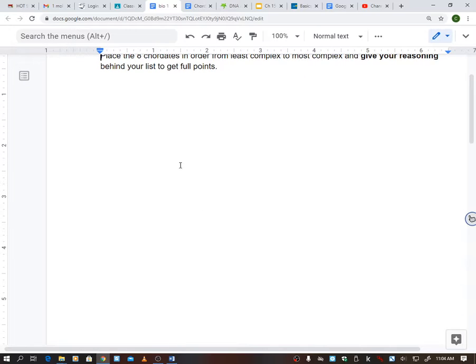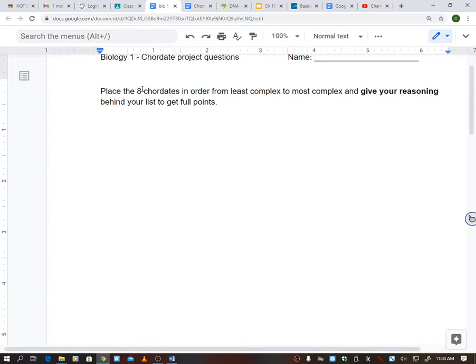It says 8, and I need to change that because I've changed things this year, so really 7: place the 7 chordates in order from least complex to most complex and give your reasoning. You have to give your reasoning to get full points. You can simply list them, here's my least complex all the way to your most, and then out to the side, tell me why you put that one as your least.